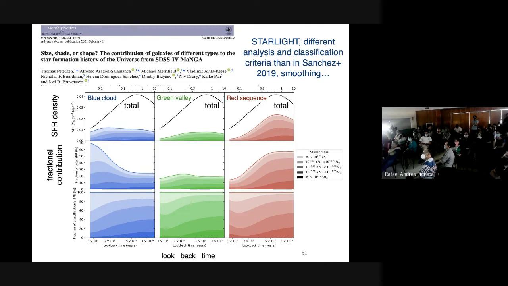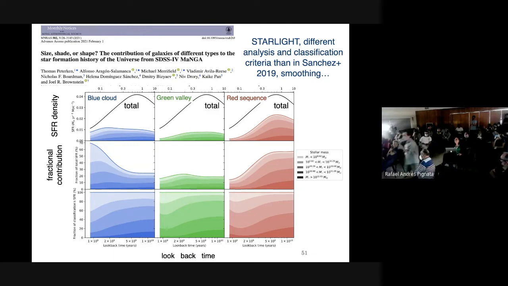And here are the spirals or blue, let's say. Here are the fractions, in fact, time by time. And not only that, also by mass. The shadows are by mass. So we can infer the contribution to the cosmic star formation history of galaxies that today are blue, red, Green Valley, and of different masses. It's very difficult to see this plot, but all the information is there.